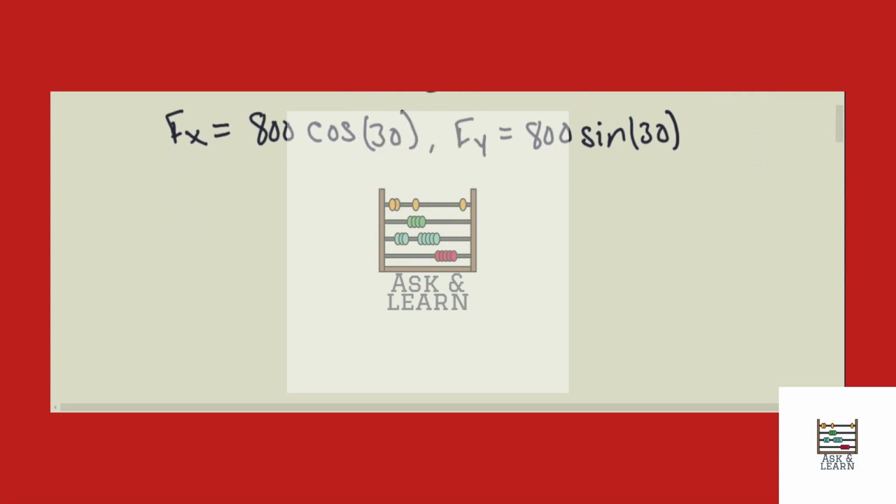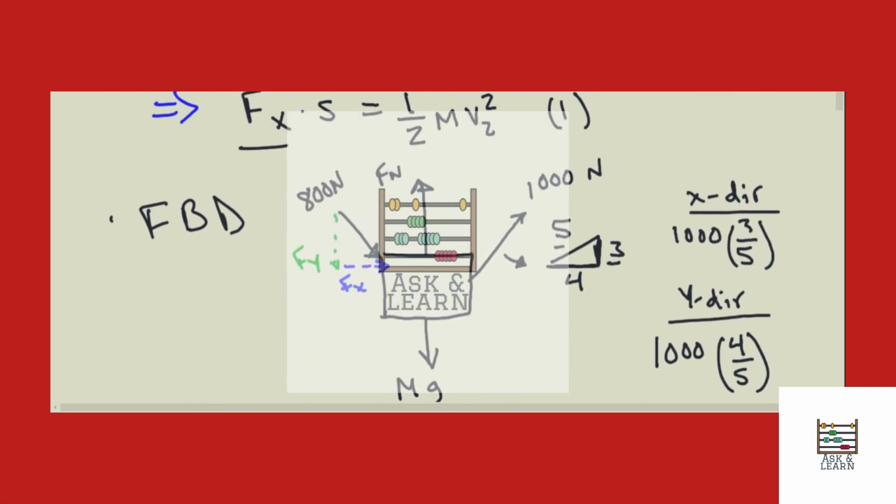Now we can find the forces in the x direction. Looking back at the diagram, if we say going up and to the right is positive, then in the x direction, on the right side we have the 1,000 times 3/5, and on the left side we have F of x. We also have the force due to friction, which is always opposite to the movement, and this is the kinetic friction.